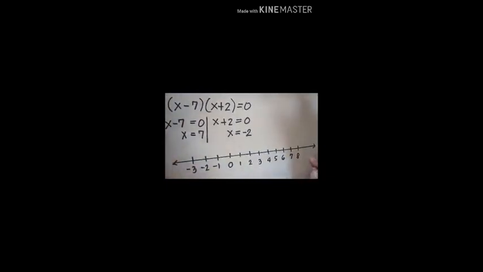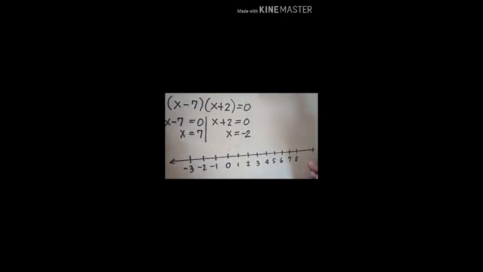So, we are going to plot 7 and negative 2 on the number line. And since ang inequality symbol natin is less than or equal, we are going to use a solid circle or a closed circle. So, we have negative 2, shade natin to close it, and positive 7.